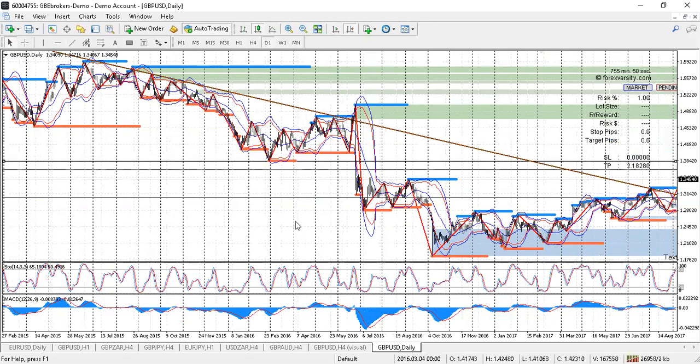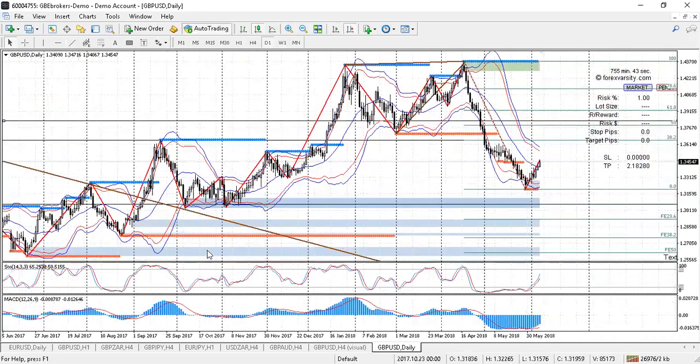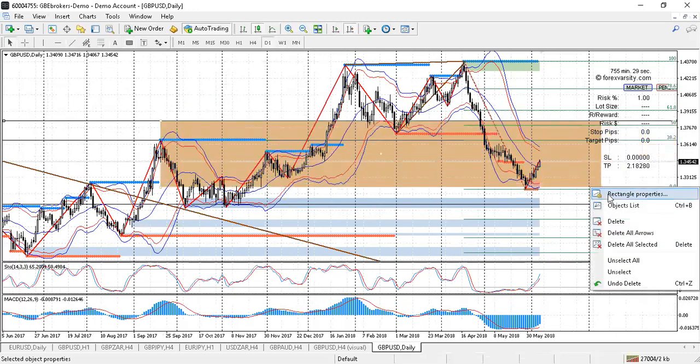I wouldn't have seen this level had I not zoomed right out. So at the moment, the way that I'm seeing it, this would be my zone from just a bit above your 50 to your 38.2. Obviously, it would be a sell zone. So make that tomato color.